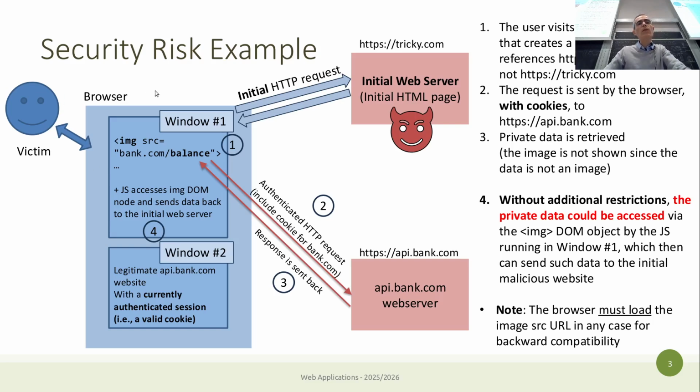So we have a browser that's a blue box, in which we have two windows that are open. They can be tabs. We don't really care. It's just a way of visualizing things, okay? So window number one was accessing in the beginning a web server that sent an initial HTML page, okay?